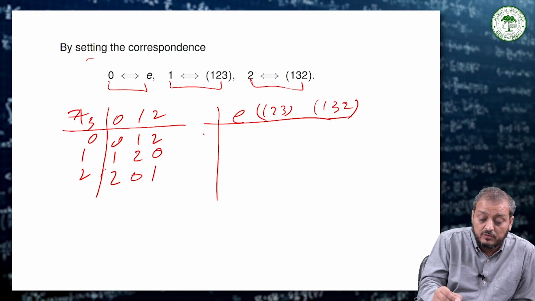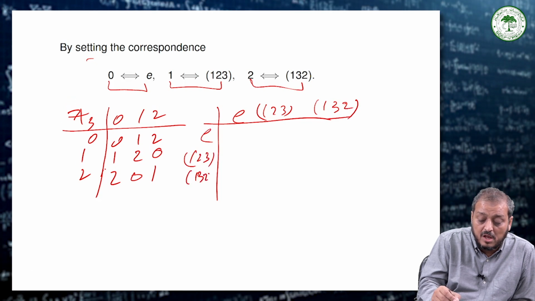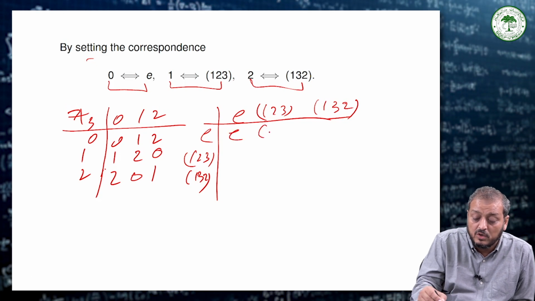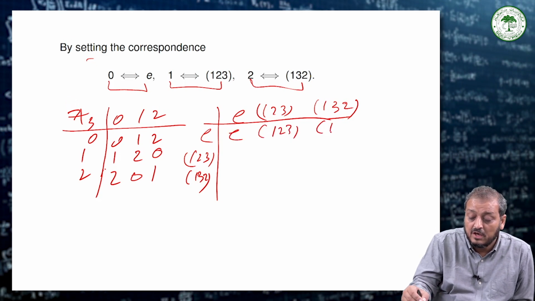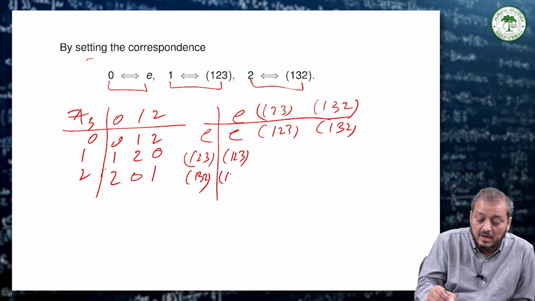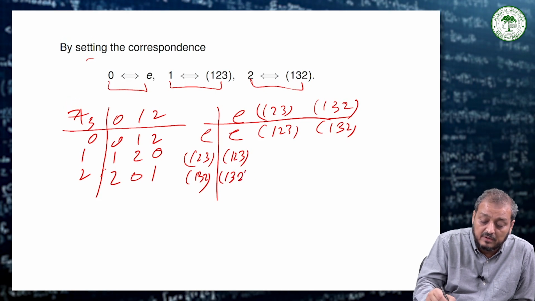And now here also we have E, 1 2 3 and 1 3 2. Here also 0 is nothing but E, 1 is equal to 1 2 3, and 2 is equal to 1 3 2, and so on, in this form.